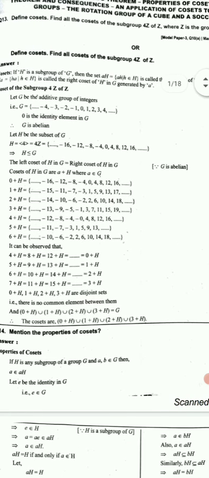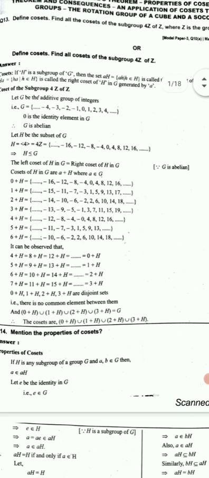If H is a subgroup of G, then the set AH equal to {a·h, where h belongs to H} is called the left coset of H in G generated by A, and the set HA equal to {h·a, where h belongs to H} is called the right coset of H in G generated by A. These left cosets and right cosets are simply called cosets of H in a group G.